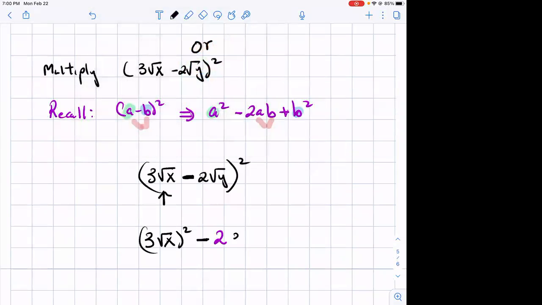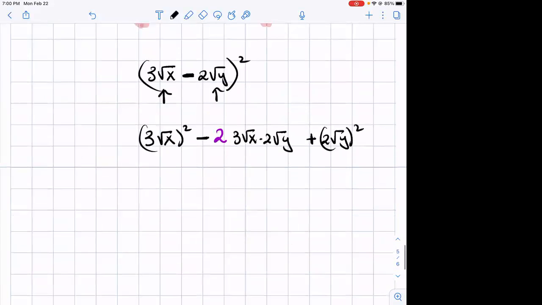And then we have 3 root x times 2 root y. Okay? And then plus the last term squared. So 2 root y squared.